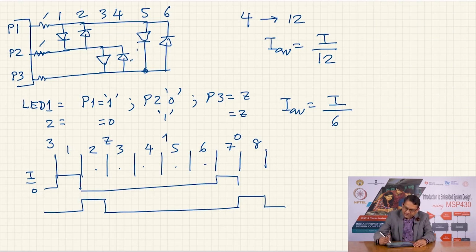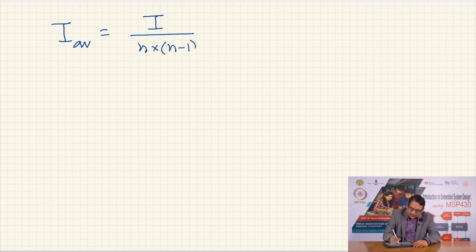So, the average current through the LED in a Charlieplexed fashion will be equal to the maximum current that you can allow divided by n into n minus 1; for n pins that you have, you can control n into n minus 1 LEDs. You see this factor grows by a square, and so the average current is quickly going to drop and will make this topology quite useless for values of n more than 4 or 5.